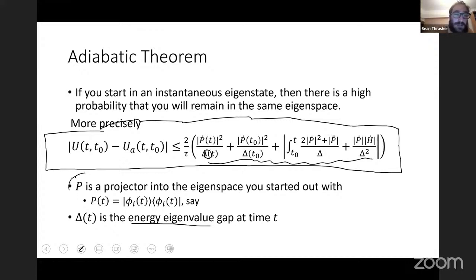And this P right here is the projector. It's related to how fast the Hamiltonian is changing, so you don't want the eigenspaces to change too fast. And then here again, you want the total time to be as long as possible.